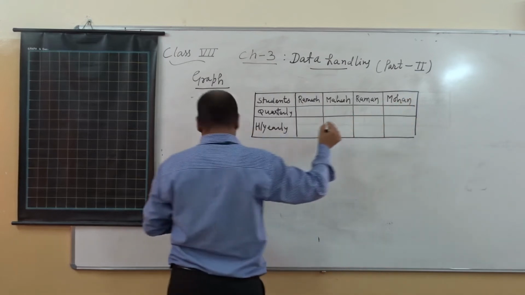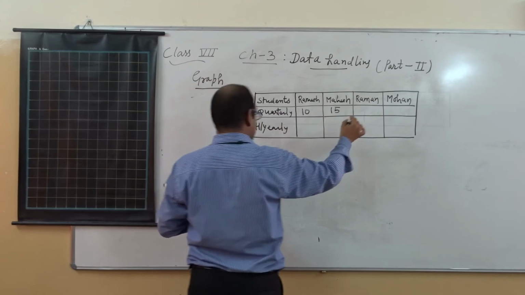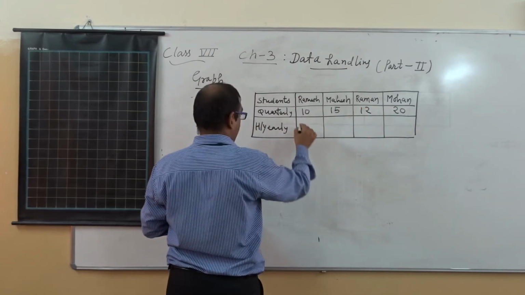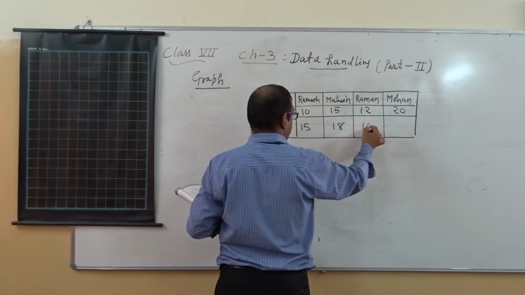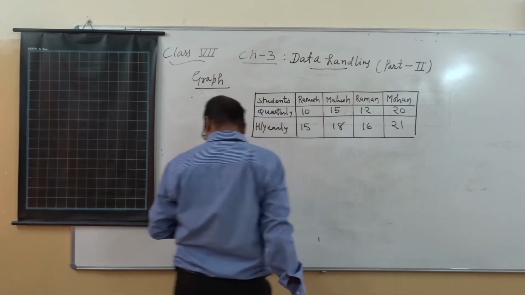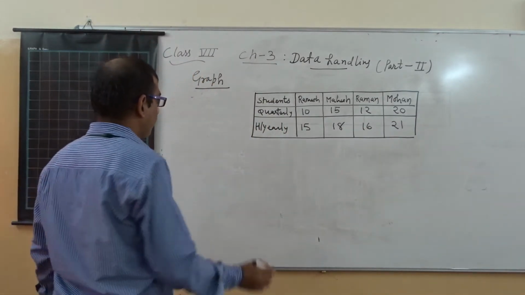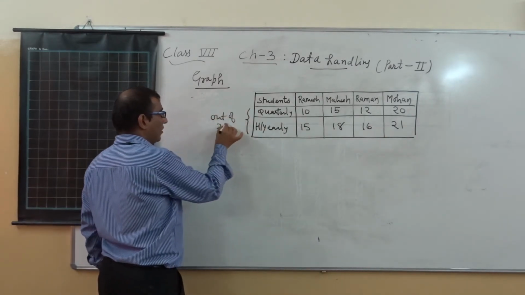And quarterly marks are 10, 15, 12, 20, and half-yearly marks are 15, 18, 16 and 21. And these are the marks out of 25.